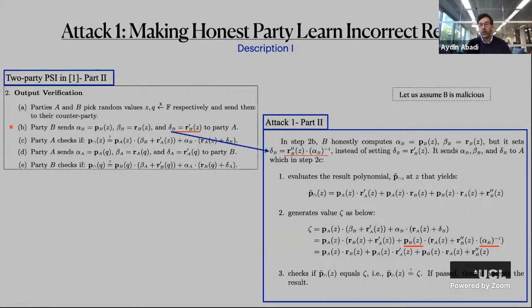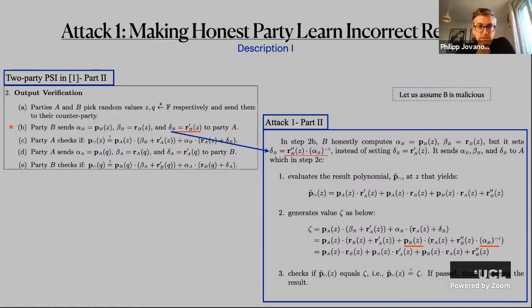In short, it only needs to set delta_B to a new value compared to the original protocol. If it does so and sends all the values to party A, then party A follows the protocol because party A is honest, and it cannot detect anything. So party B can escape from being detected.